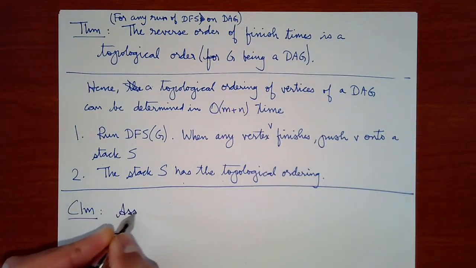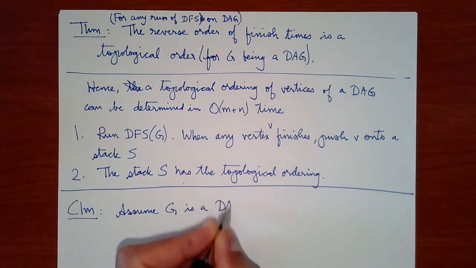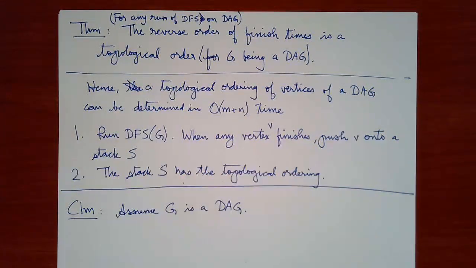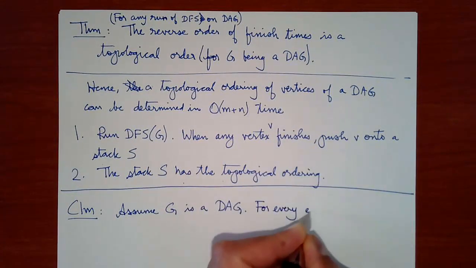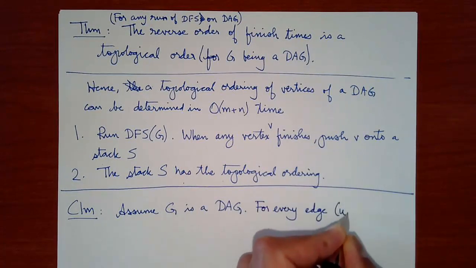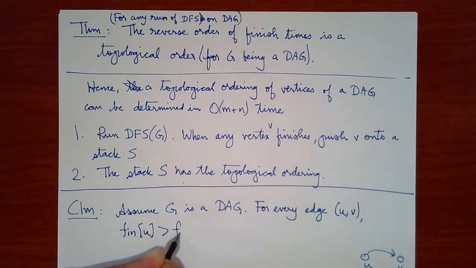So assume G is a DAG. For every edge UV, the finish time of U is greater than the finish time of V. Okay?